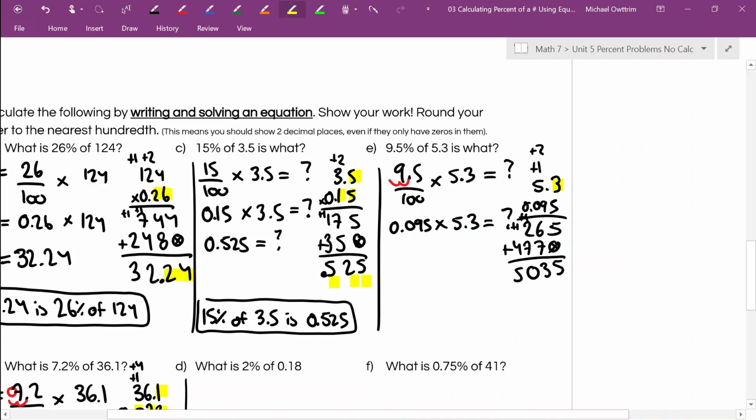And count our digits. 1, 2, 3, 4. 1, 2, 3, 4. And we can say that 0.5035 is equal to our question mark. And therefore we can say 9.5% of 5.3 is 0.5035.